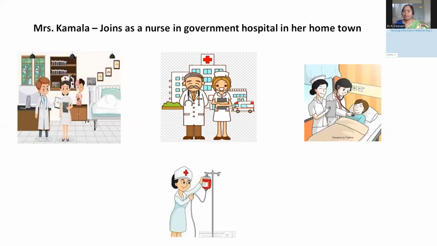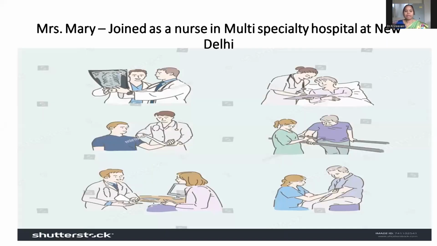She is very happy taking care of the patients, and she got married to a local person and settled there. She attends to the patient care, doing all the things manually, providing extraordinary care, and she is so satisfied. Then we can see Mrs. Mary joined as a nurse in the multi-speciality hospital in New Delhi.